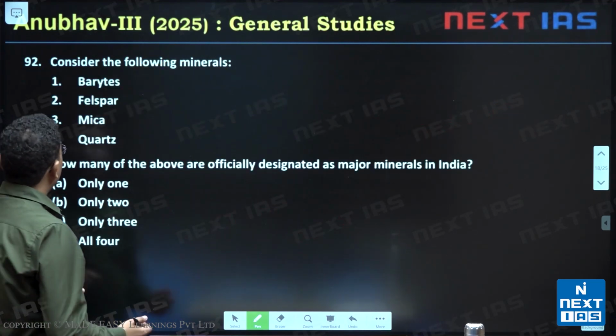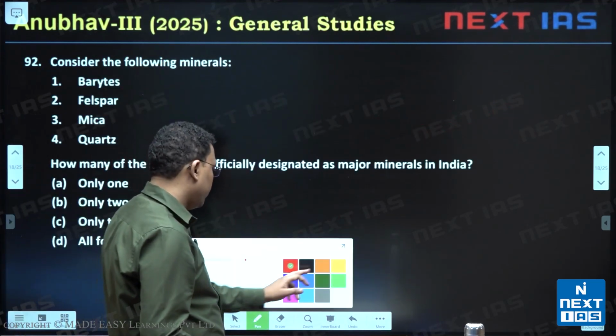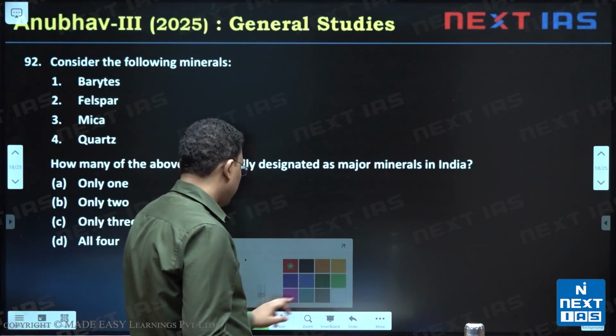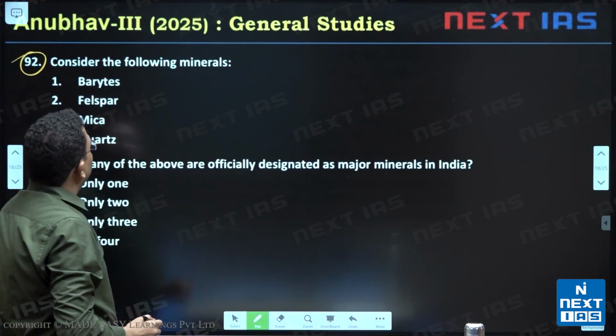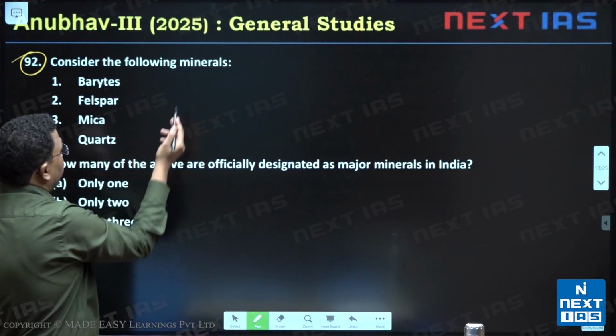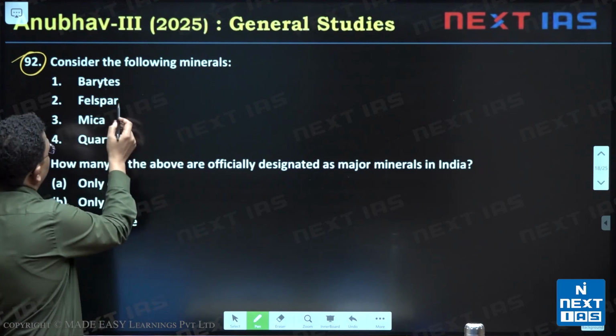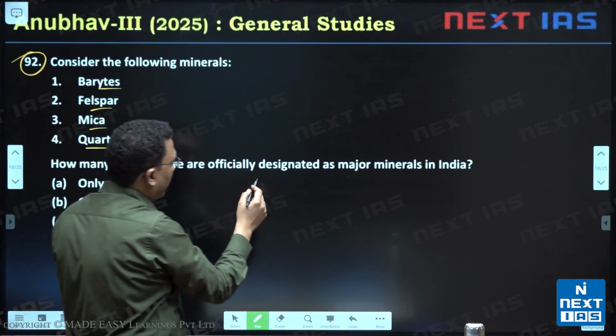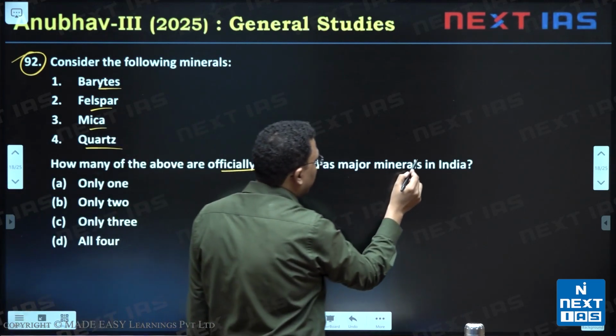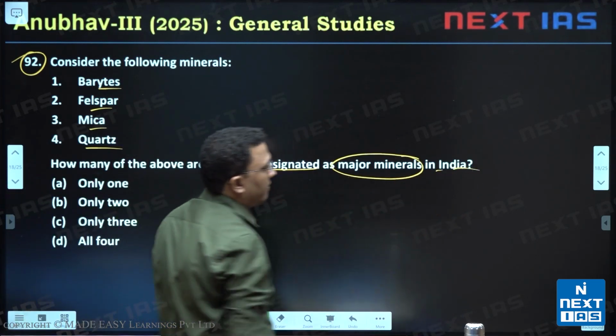Now let's move on to the next question, that is question 92. It says consider the following minerals: barytes, feldspar, mica, quartz. How many of the above are officially designated as major minerals in India, right?